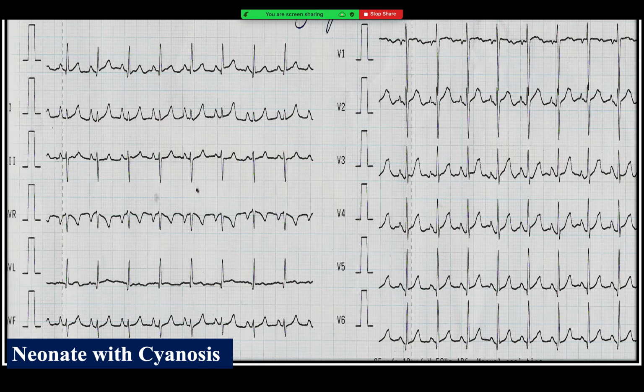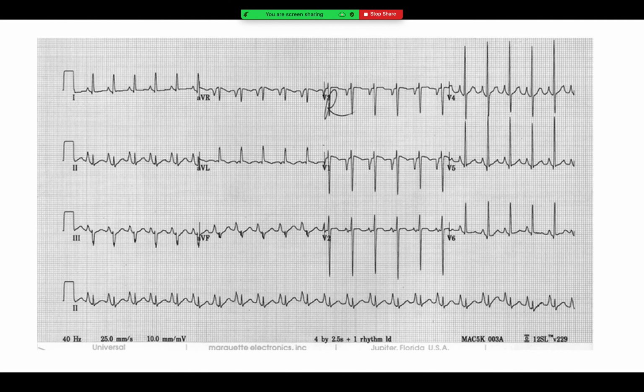And axis is left axis deviation. And looking at the P waves, right atrial enlargement, any comments on the chamber hypertrophy? Left ventricular hypertrophy, right? And the patient is cyanosed as we are already aware, so it is tricuspid atresia.